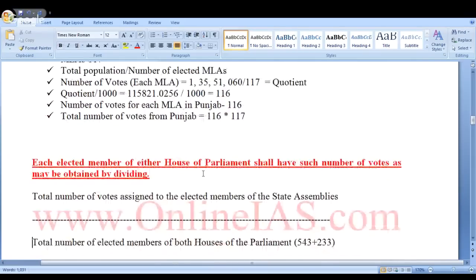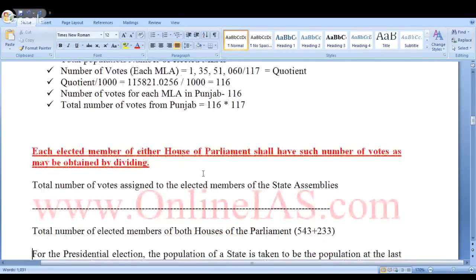Look at this. Each elected member of either House of the Parliament shall have such a number of votes as may be obtained by dividing... What is it that you are dividing? Already you got the value of one MLA in a state. You got the value of all the MLAs in a single state.